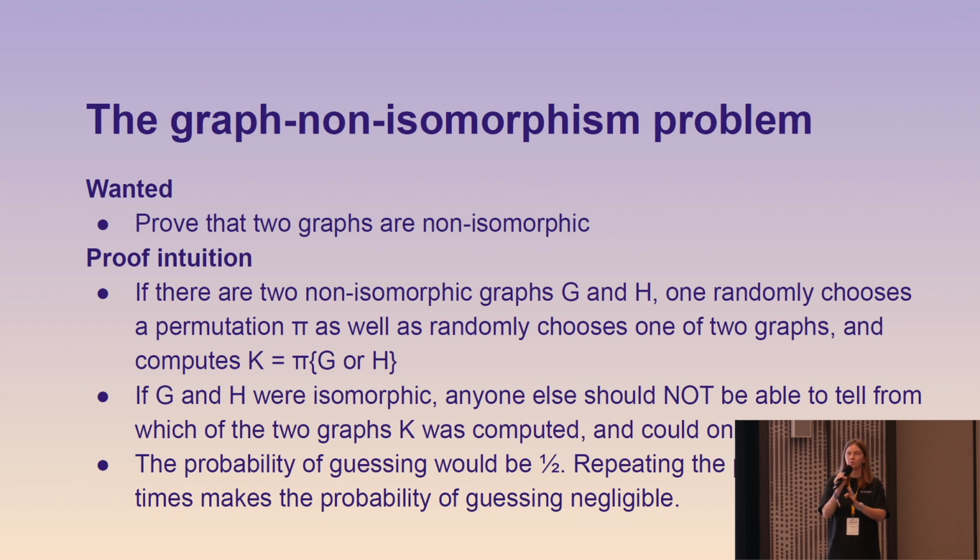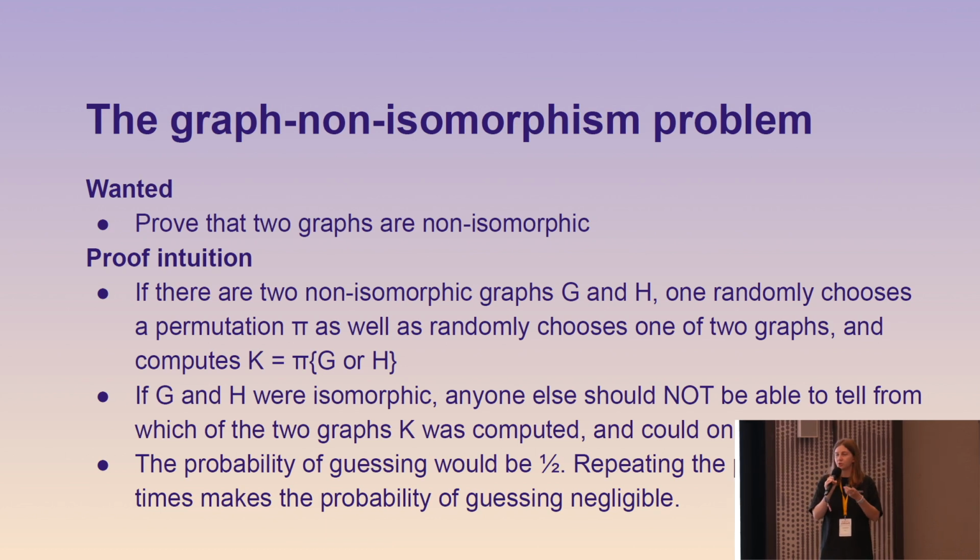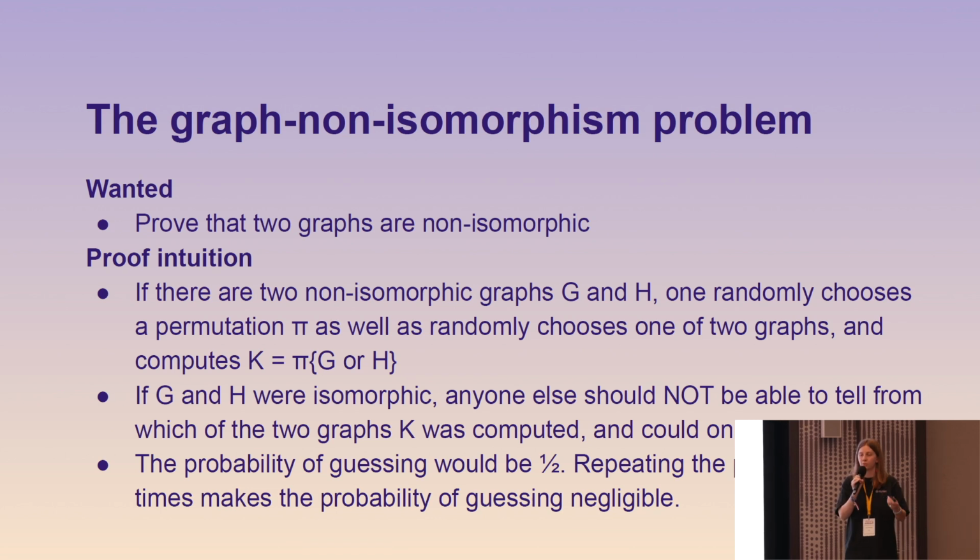Some brief intuition behind how we can prove it. Assume we have two graphs, G and H. One randomly chooses a permutation P, a function that will map the nodes of one graph into something, and randomly chooses one graph, G or H, and computes a permutation of this graph.